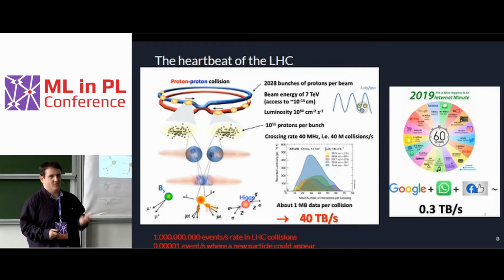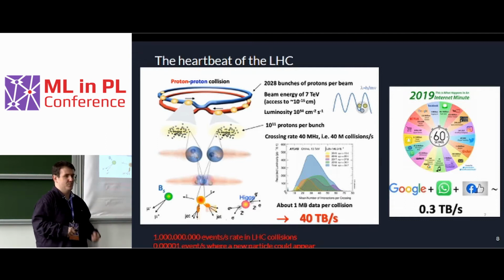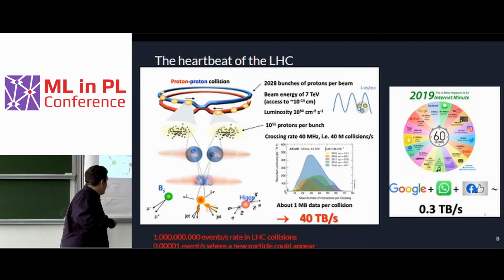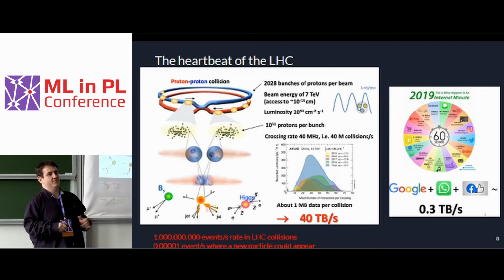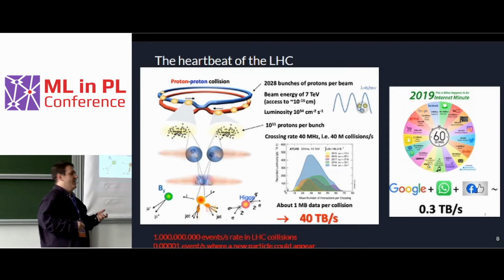Obviously, CERN is a scientific institution. We don't have the amount of money that Google and Facebook have combined, so we are not able to keep that amount of data. And we don't really care about lots of the events. We only care about the events that are strange, that have the potential to discover new physics, for example the Higgs boson, or processes beyond the Standard Model, new physics.